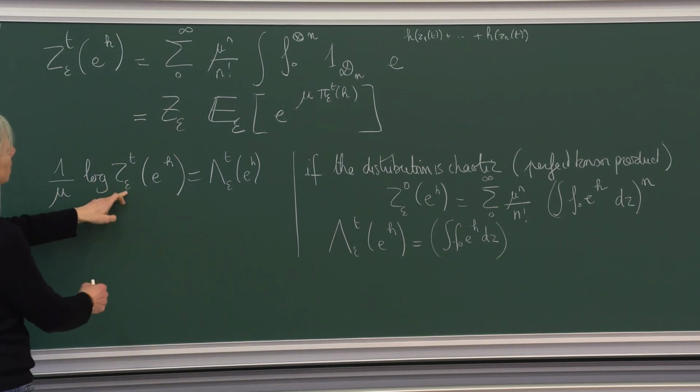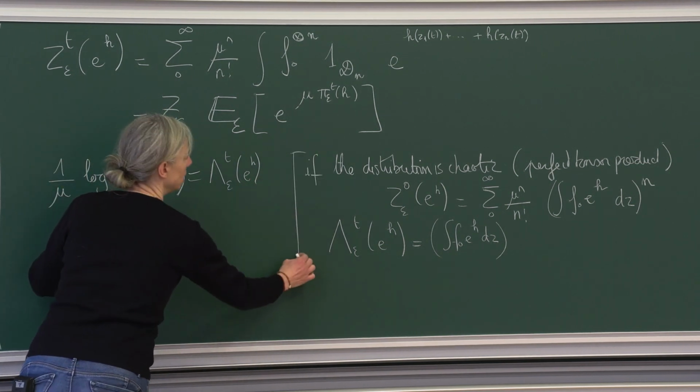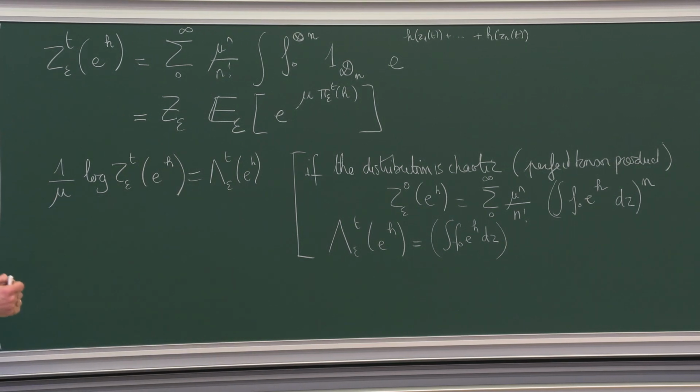Now the good thing with this, so this is the case where it's chaotic. But now consider the case where the distribution is not chaotic.